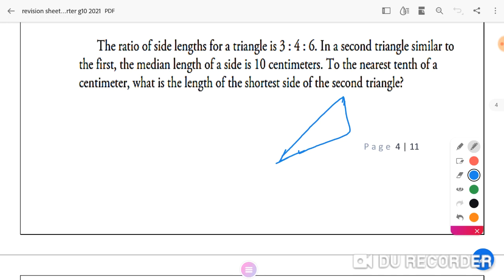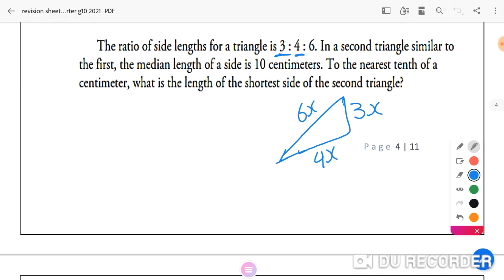So the shortest one will be this one, which measures 3x, where x is a scale factor, we can call it a constant of proportionality, whatever you want to call it. Okay, so the middle one, the median length, measures 4 multiplied by x, and the longer side measures 6x.